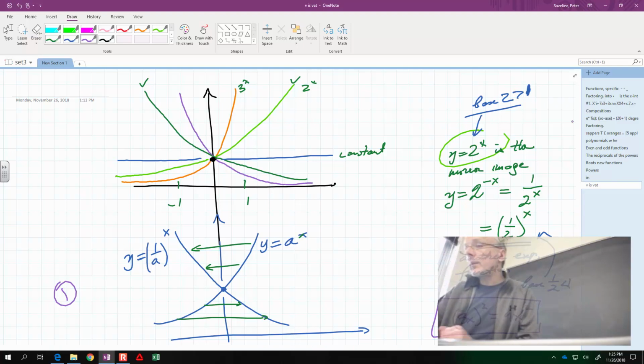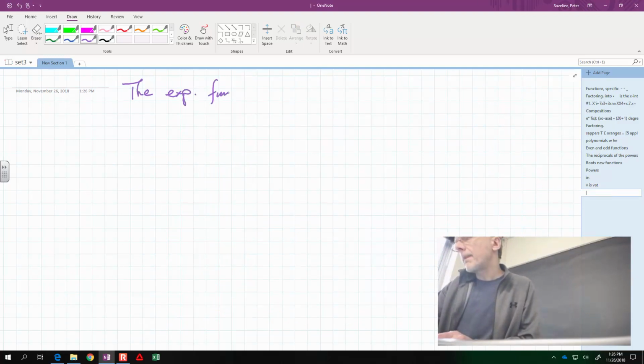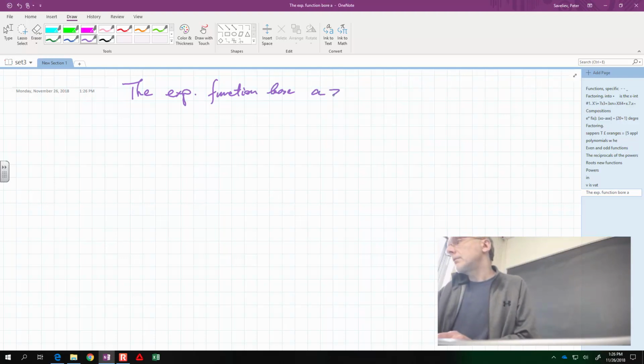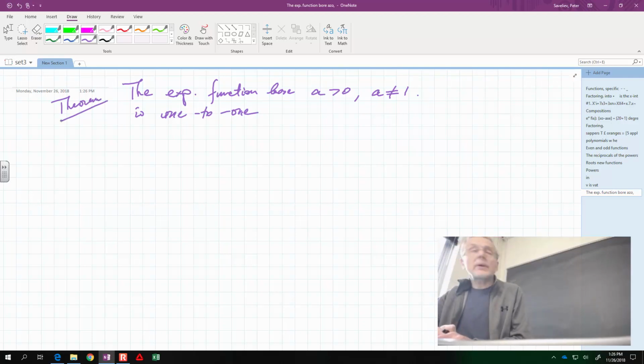What is so good about them? They are all one-to-one. So the exponential function, base a, greater than 0 but not equal to 1 naturally, is one-to-one. We certainly noticed that by simply examining the picture.